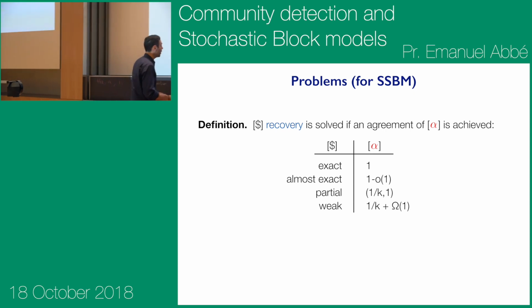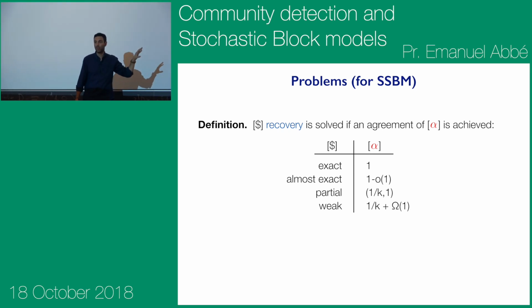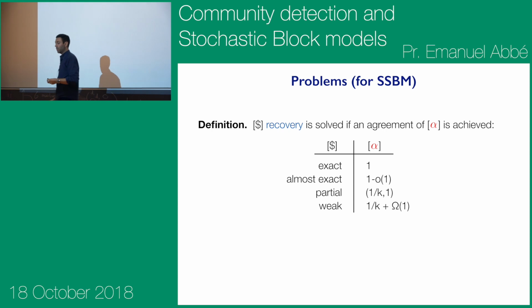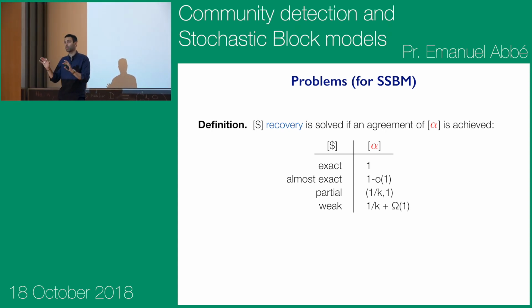So weak recovery asks: can we do better than random guessing? Can we use the graph to at least get an agreement of omega of 1, meaning something bounded away from 0? That's just the notation for some positive epsilon, some number that doesn't vanish. So can we get, let's say, 51%? That's what we want in the case of two groups. 50% is essentially what you get with random guessing without looking at the graph.